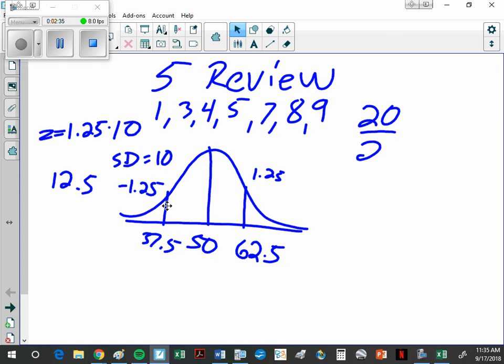78.1, and we actually had 75. What's 20 out of 25? It's not 75. What's 20 divided by 25? 80%. So the normal curve tells us we should capture 78%, and we actually captured 80%, which is pretty close.